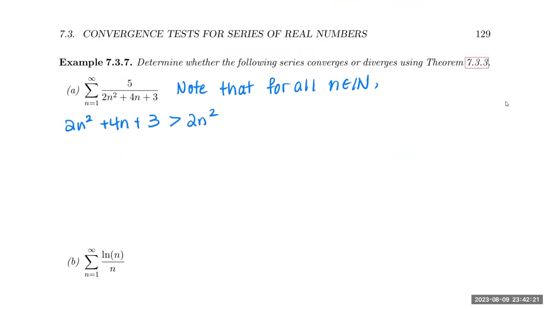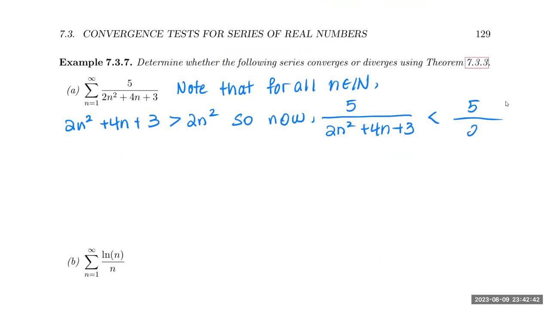So that's the thing that we're going to be comparing to. So that means 5 divided by 2n squared plus 4n plus 3 is also smaller than 5 divided by 2n squared for all n as well.